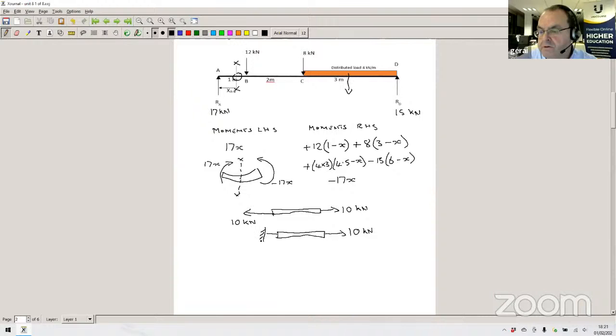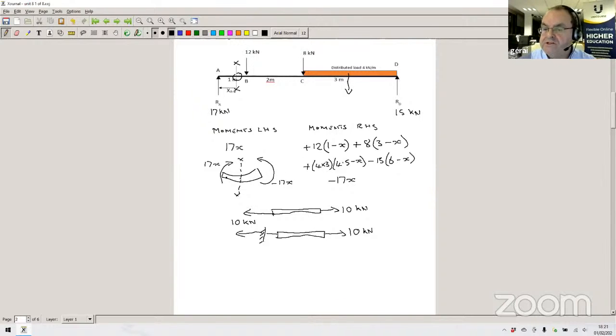Now the load on that beam is 10 kilonewtons, because the wall provides a reaction force of 10 kilonewtons in this direction. Likewise with the moments: we have 17x newton meters going clockwise, and minus 17x going anti-clockwise, but that's a reaction.